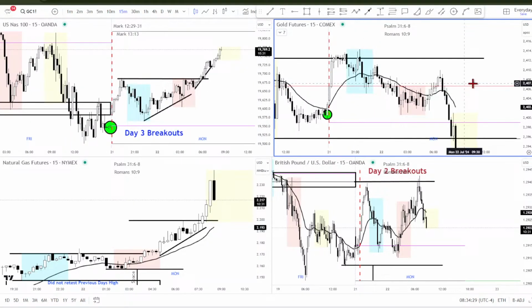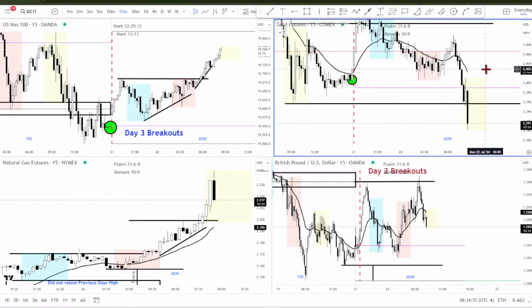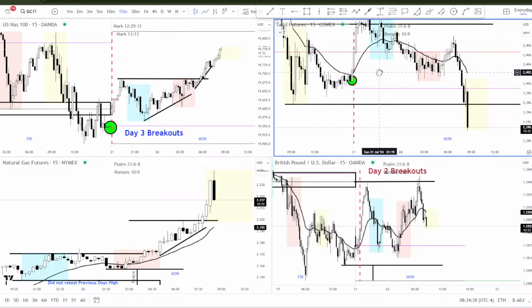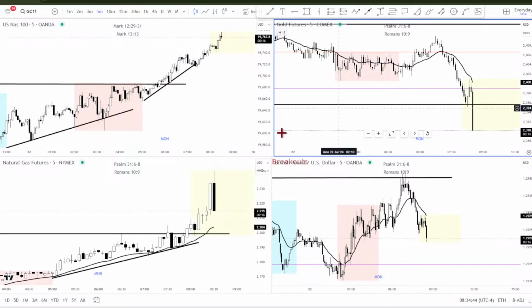Oh yeah, I see why. You took that trade, Space. Good stuff. In fact, I need to get down to a 5-minute chart and poke around here.